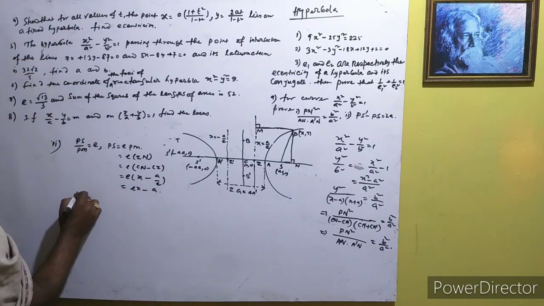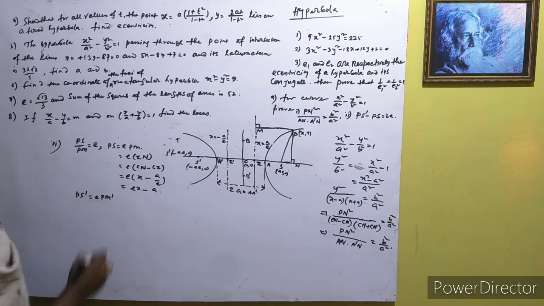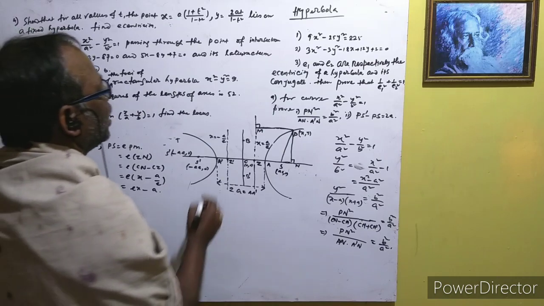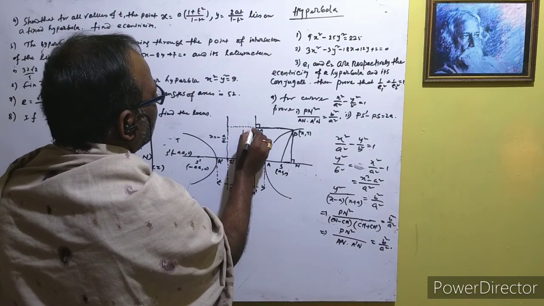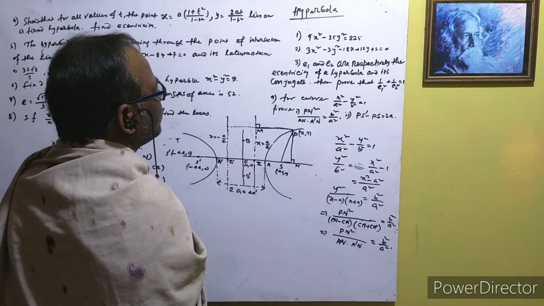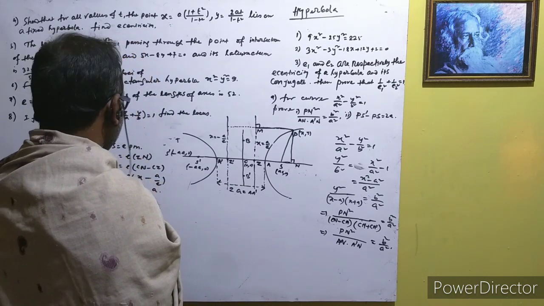Now we have to introduce another point. The PS dash is equal to E into PM dash.